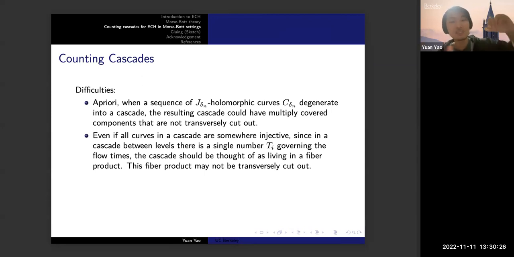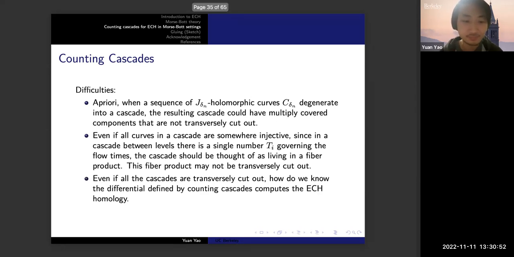Because in a cascade, between levels, there's a single number telling you how long to flow. To say this a bit more properly, the cascade lives in a fiber product. And even if all your holomorphic curves are transverse, it could be the case that the fiber product is not transverse. And then the moduli space of cascades is difficult to work with.